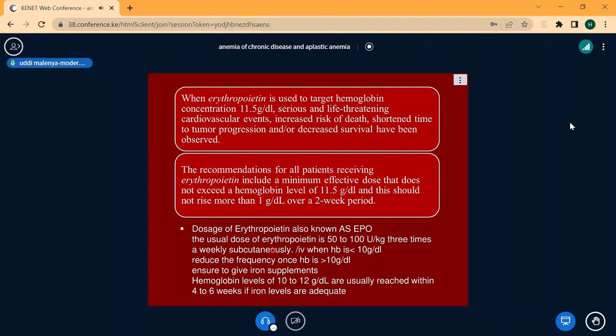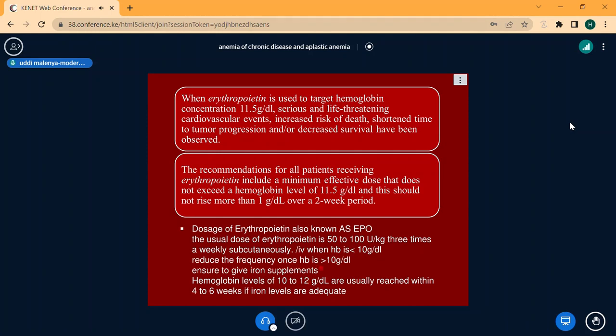The dosage of erythropoietin is usually about 50 to 100 micrograms per kg, usually 3 times a week, subcutaneously or IV, when the hemoglobin is less than 10 grams per deciliter. You need to reduce the frequency once the hemoglobin is more than 10 grams, okay?